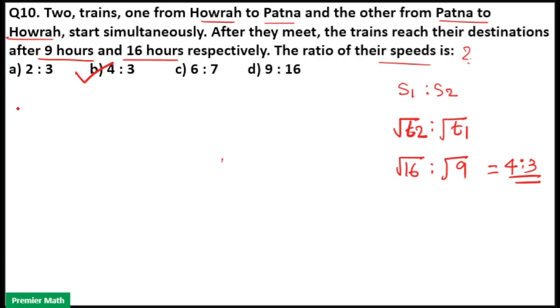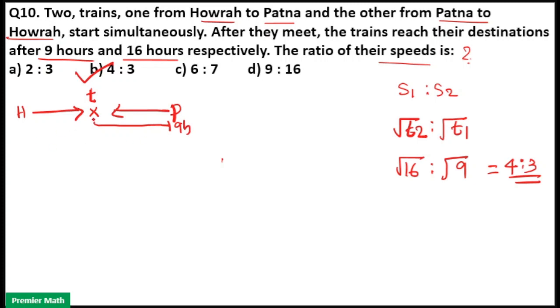Here, a train from Howrah is going to Patna and a train from Patna is going to Howrah. And they meet each other at a point. And I will take the time of meeting as t here. And after they meet, the train from Howrah reaches the destination in 9 hours.